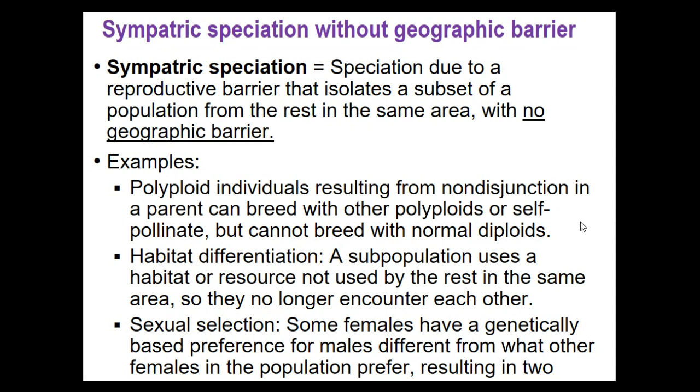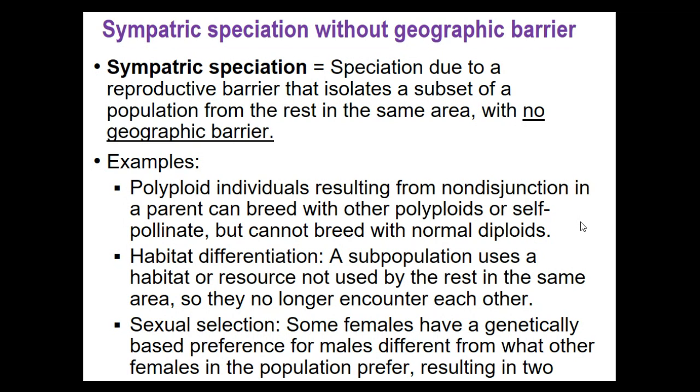Sexual selection is another way that sympatric speciation can happen. In most species of animals, it's the females that choose their mates. And usually there's something they find attractive in the males.